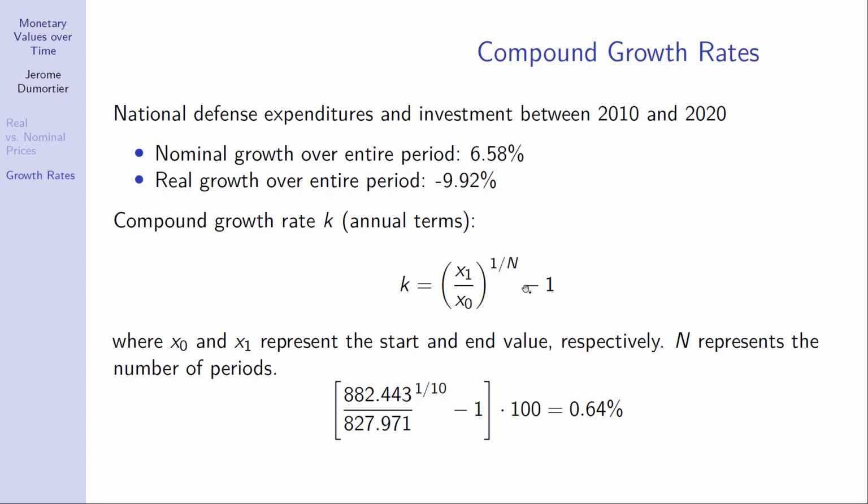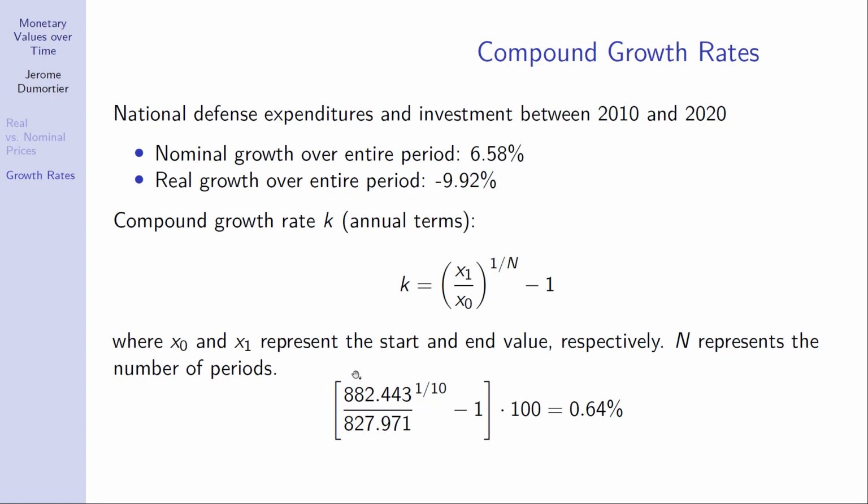We said that the defense expenditures in nominal terms in 2010 were $828 billion, whereas in 2020 they were about $882 billion.